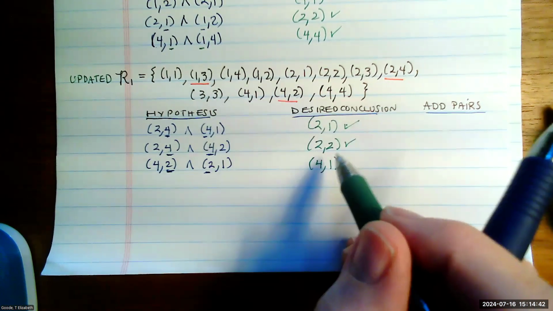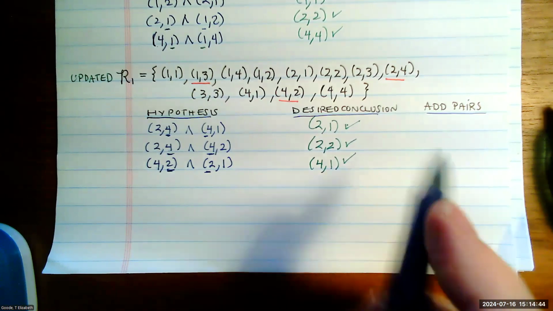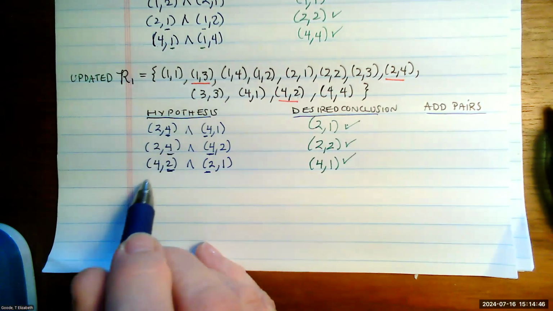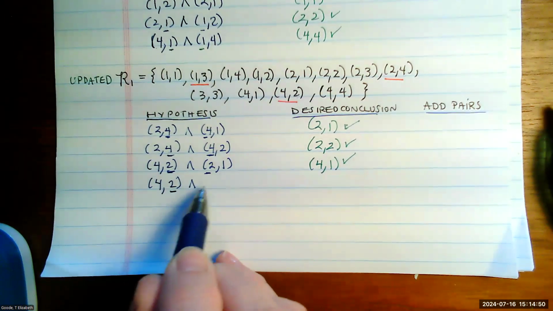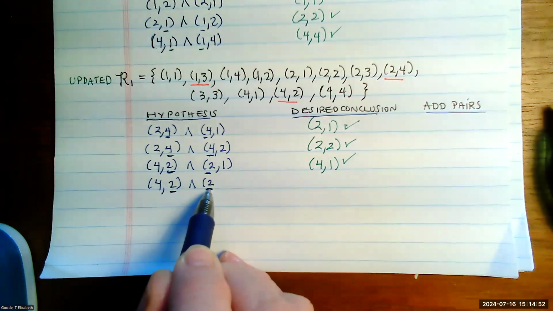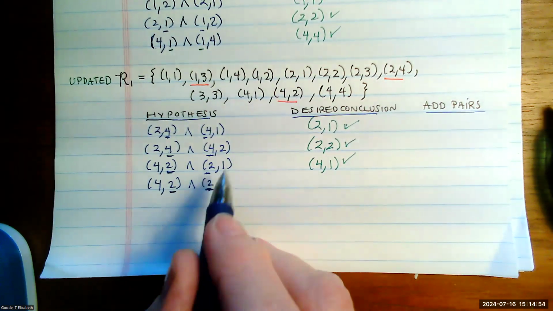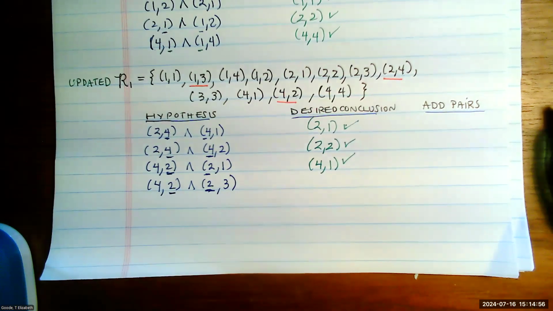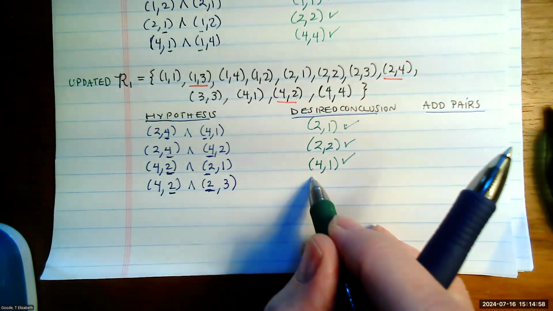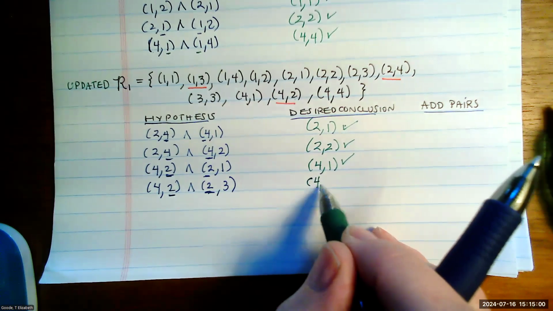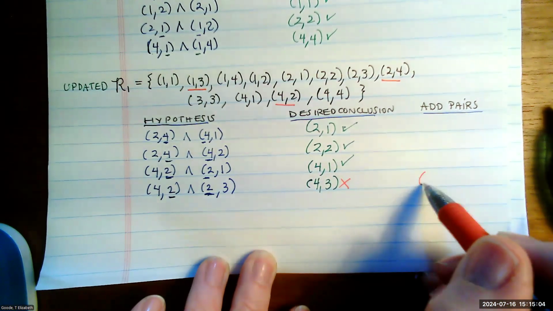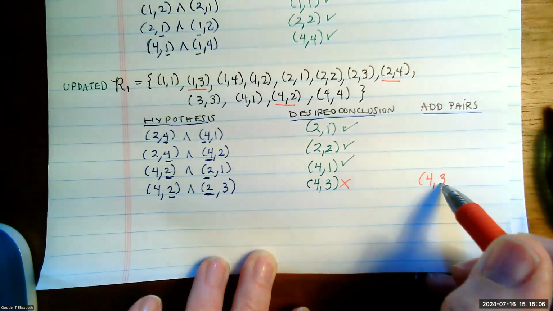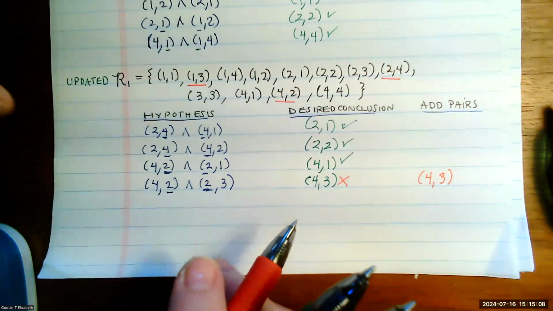We do. Okay. What about (4,2), and what's another ordered pair that has 2 as the first coordinate that's non-trivial? (2,3). So we're looking for (4,3). And we don't have (4,3), right? So now, in this round 2, we're going to add (4,3).